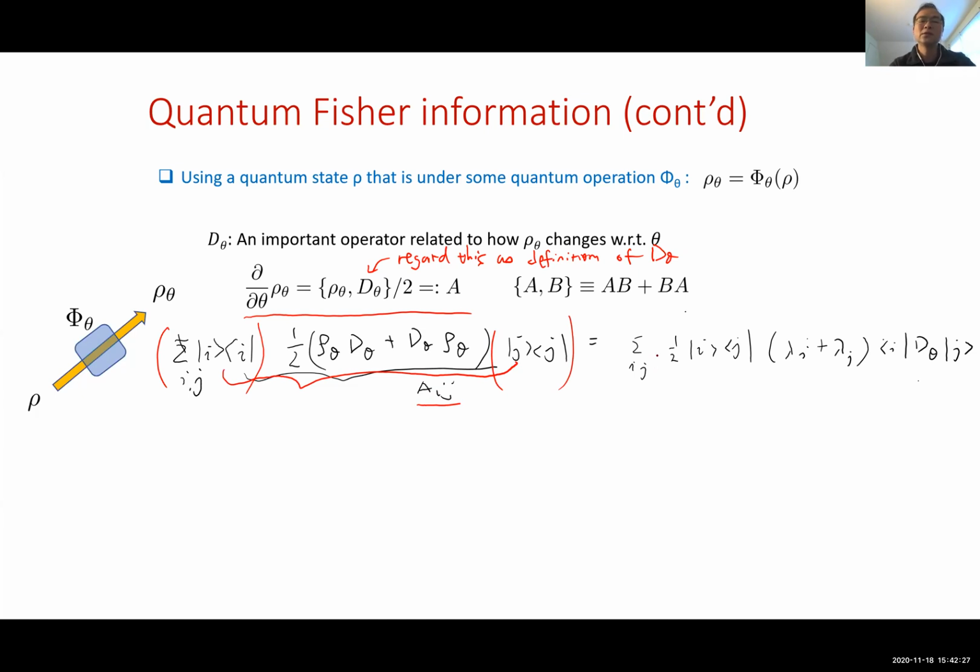If I keep writing, and then use the definition that J is in the basis of eigenstates of rho, I can expand in that complete basis. Rho acting on this part gives me lambda J. Rho acting on the left gives me lambda I. So I have this expression. And Aij is nothing but the expectation value on this.